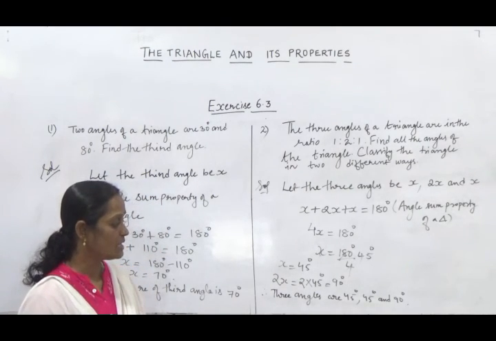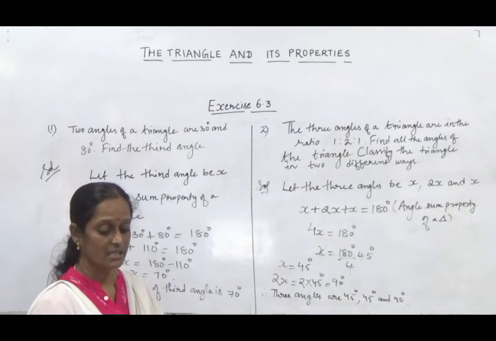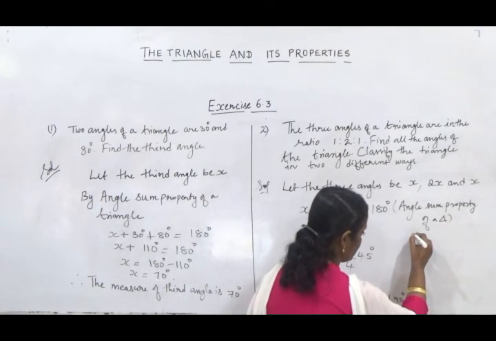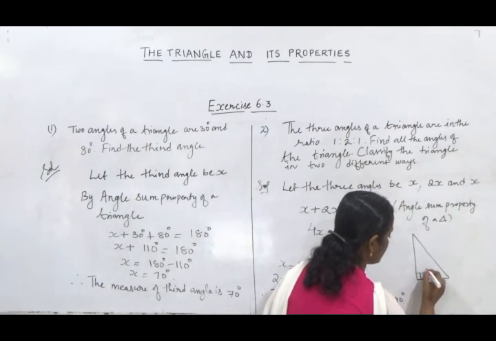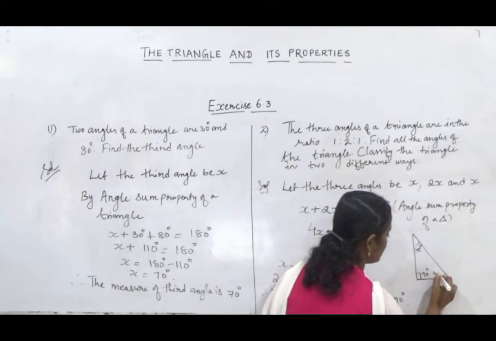Here you can see that one of the angles is 90 degree, so we can say that it is a right angle triangle. We can also draw the triangle here. One of the angles is 90 degree and the other two angles are both equal, 45 degree.